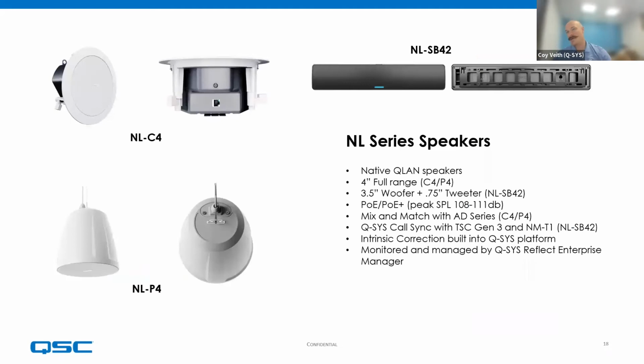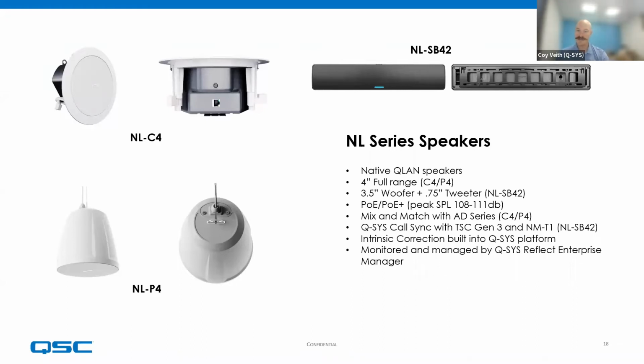While we're talking about audio, obviously we've got some new lines of speakers that we're showing. Because the Nano doesn't have any analog I/O on it, you could potentially use our PoE line of speakers, our network loudspeaker line, that come in different flavors: ceiling, pendant, and a sound bar.